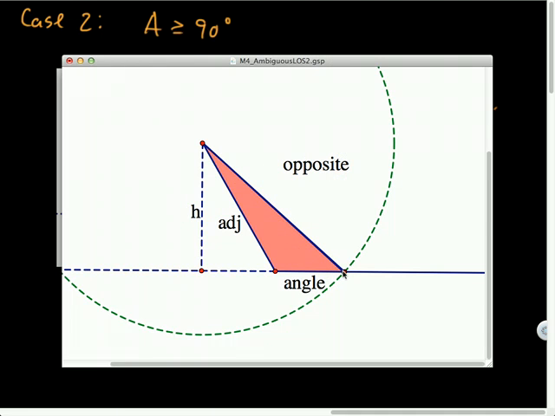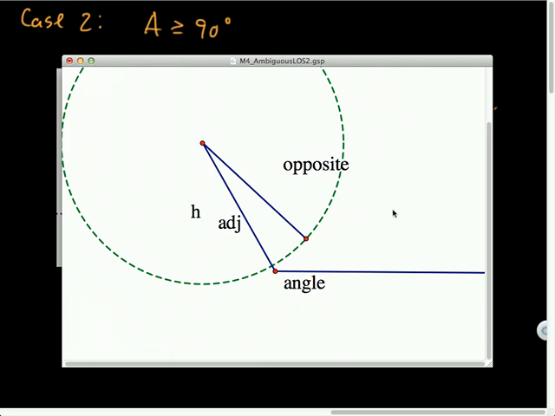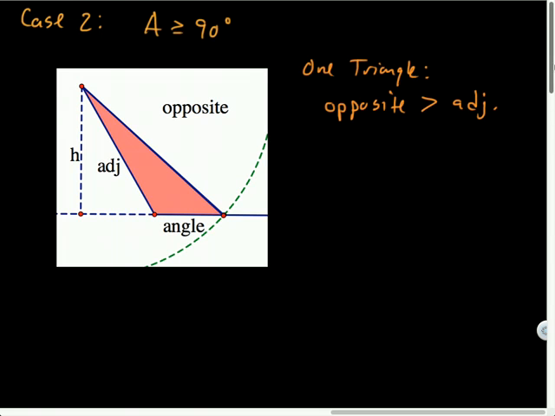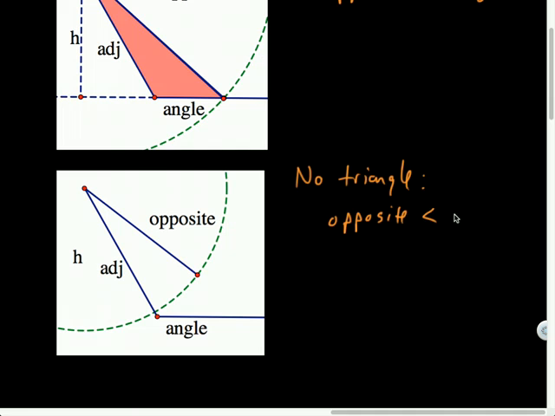And then the other situation was no triangle, which occurs anytime the opposite is less than the adjacent. Actually, I might even say less than or equal to the adjacent.